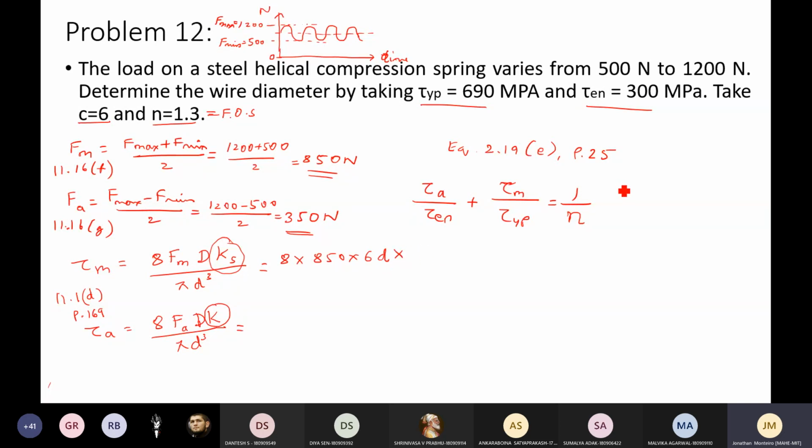K suffix S we have to find out here. 1 plus 1 by 2c, so I think it will come out to be 1.08. Just check the values. When c is 6, then K is always 1.2525. We have used that formula every time, so I'll directly write it here.